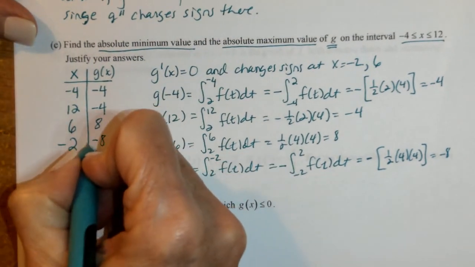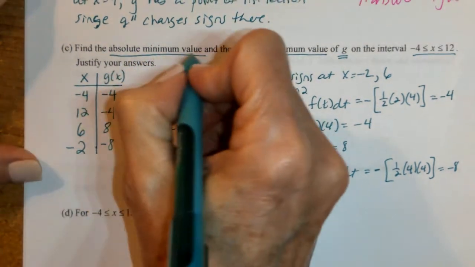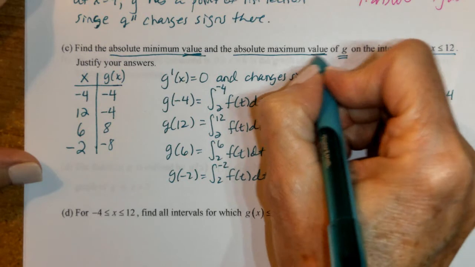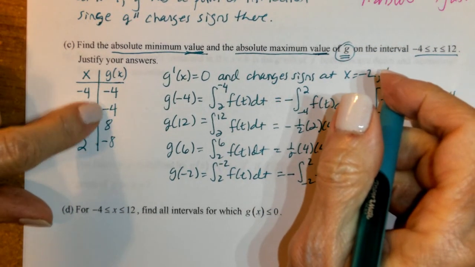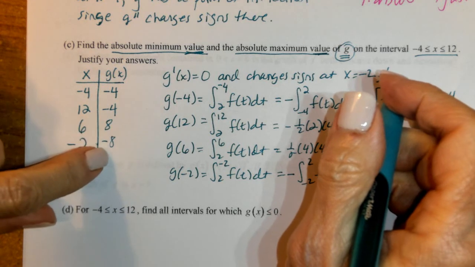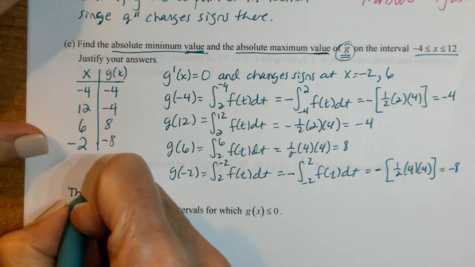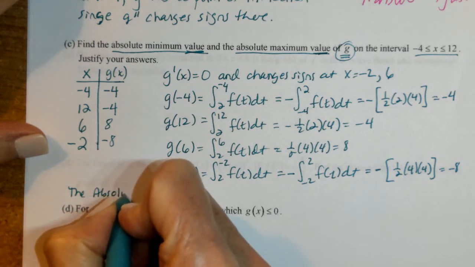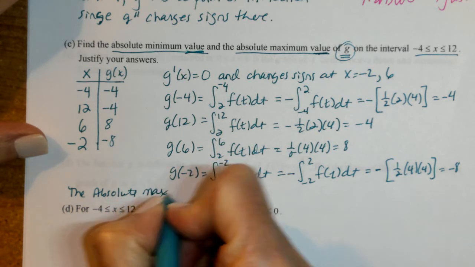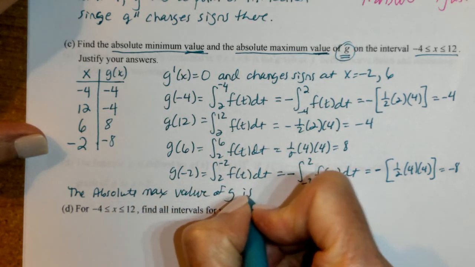Negative 8. So we were asked to find the absolute minimum value and the absolute maximum value of g. So the absolute maximum value is 8. The absolute minimum value is negative 8. So I'm going to write that down. The absolute max value of g is 8.